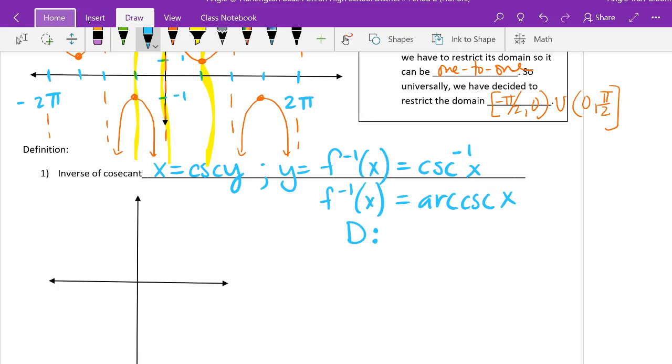Instead of doing union, can we just do negative pi over 2 to pi over 2, but then for x does not equal 0? Maybe just use brackets on both sides. That's only one aspect. So we have an answer? Yeah. Justin's team? All right, give it to me. Negative infinity, I'm sorry, to negative 1 inclusive. Good job, Justin. Thanks, team.